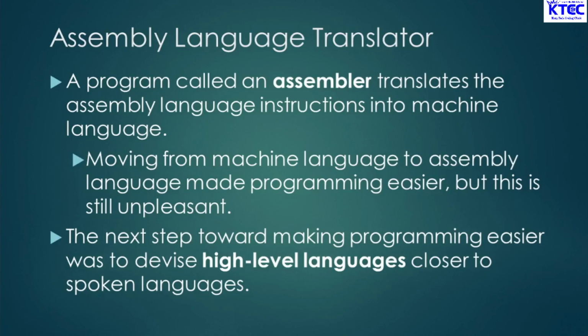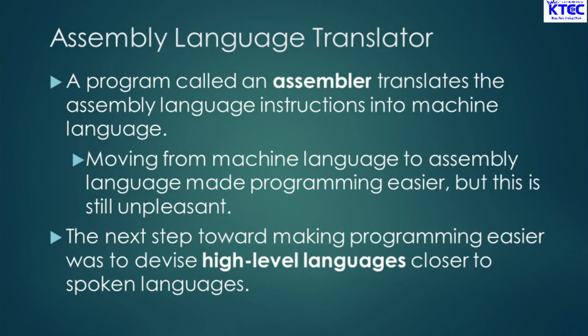The next step toward making programming easier was to devise high-level languages closer to spoken languages. So the next step forward is, instead of us going into these difficulties writing our programs with these zeros and ones, which is difficult, and we talk of assembly languages where we have mnemonics of these zeros and ones and all that, still it wasn't easy.